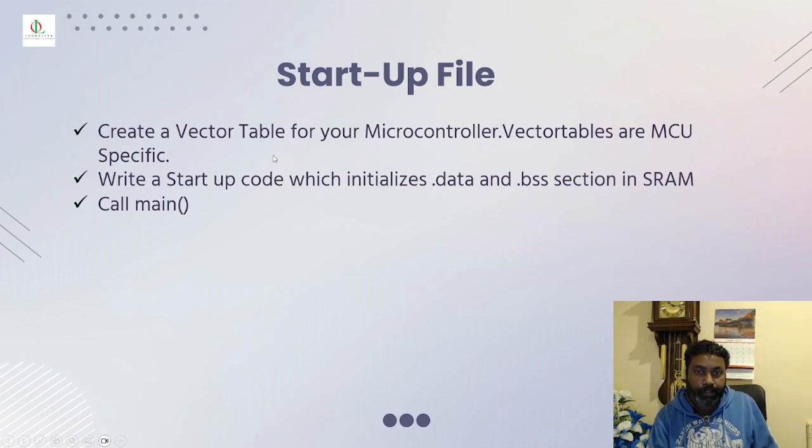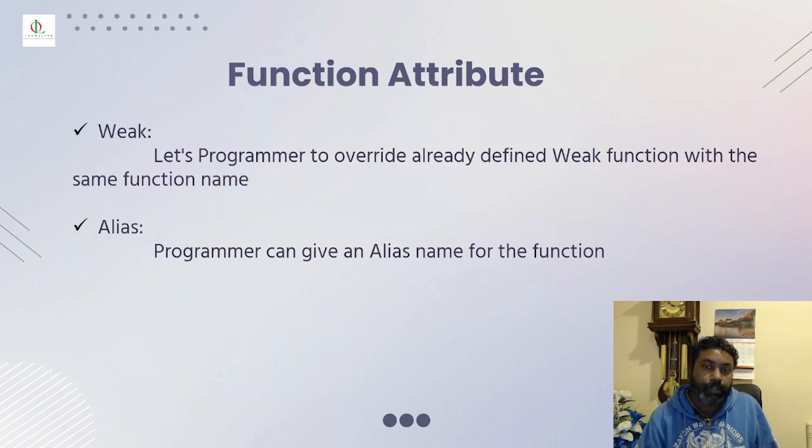You created the vector table in the microcontroller, and you initialize the .data and .bss sections in the SRAM and call main. Inside the function attribute, the purpose of using weak is to override an already defined weak function. So we can overwrite it and we can use the same function name as the default handler all over. So that's the purpose of this.